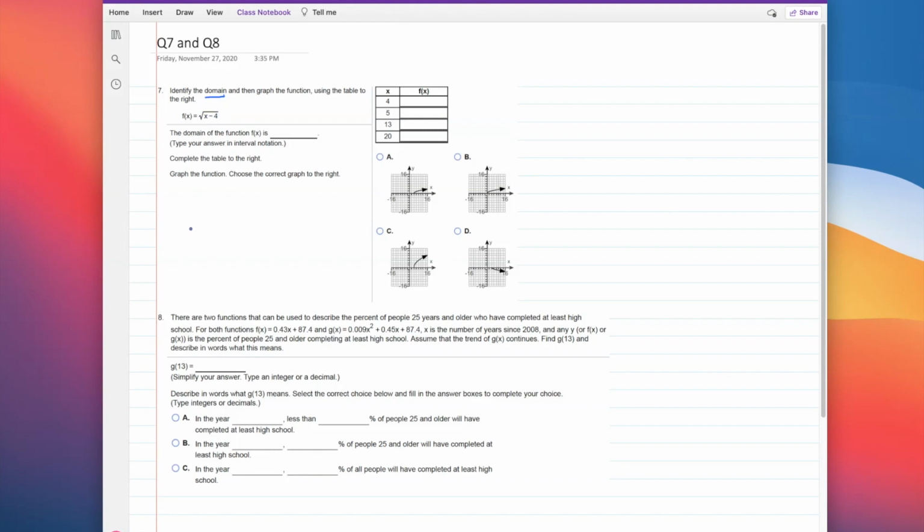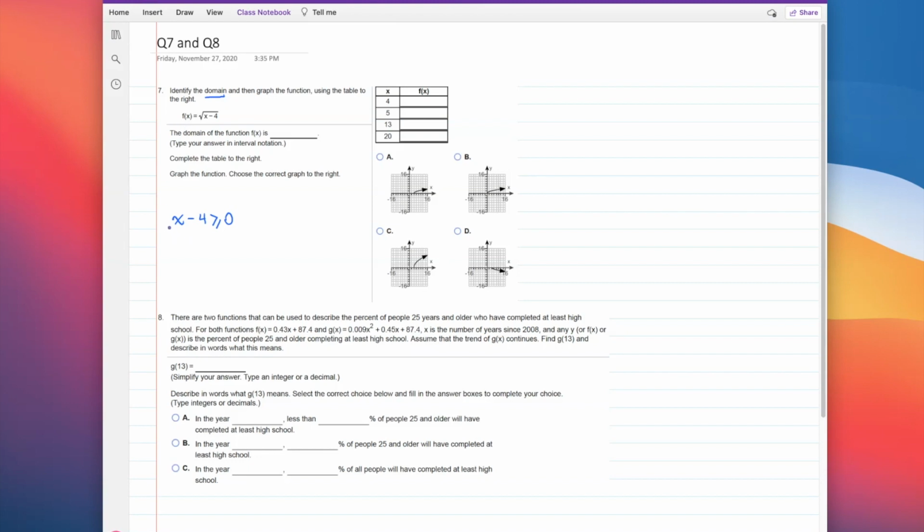It can be 0 or a positive number. It means that this expression inside the radical must be greater than or equal to 0. Then I find the possible values as an input for this function.